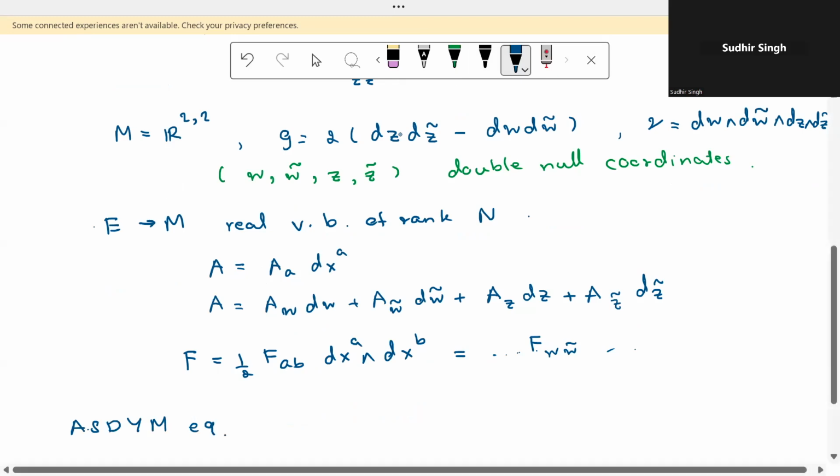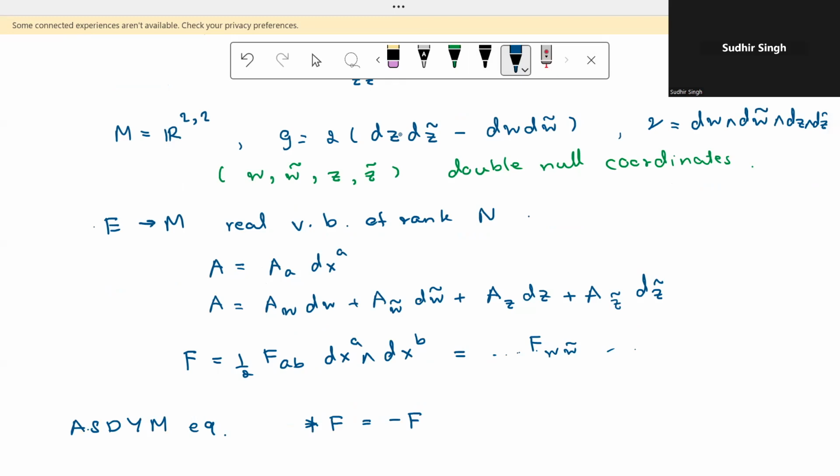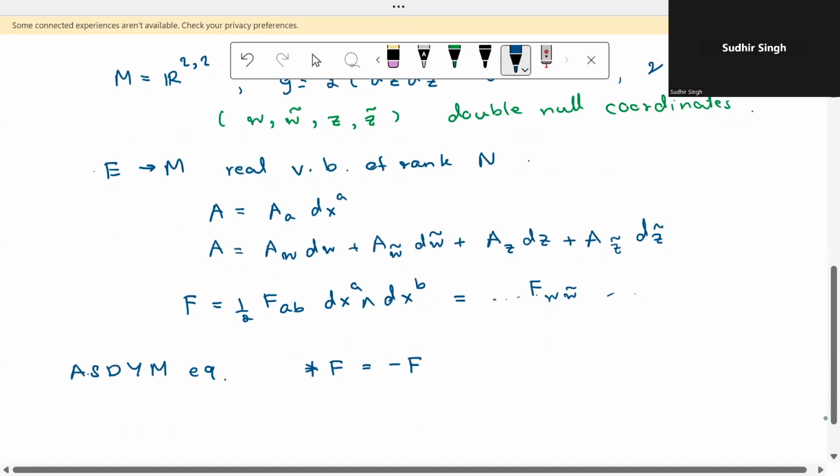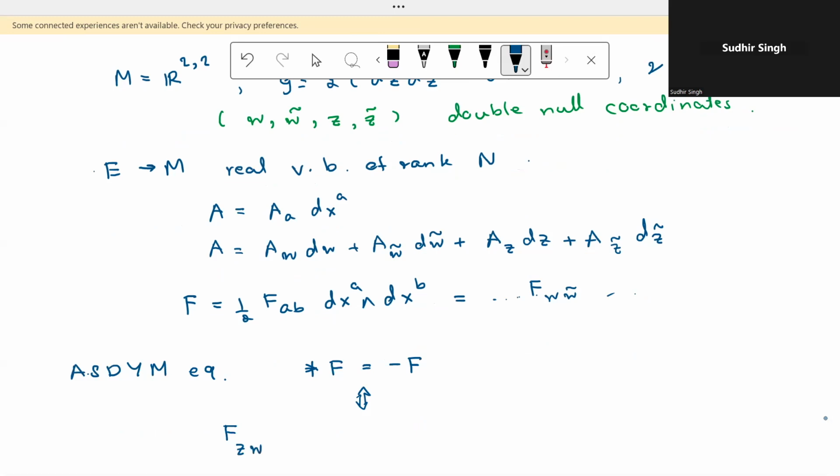So the anti-self-dual Yang-Mills equation is that star F is minus F. Then using the coordinate expression of star F in components, you can show that this is the same as this system of equations, that the components of F, like the one at w, has to be 0.